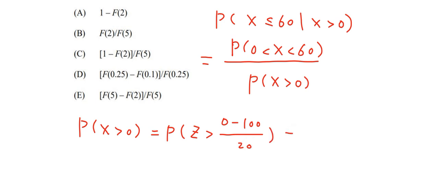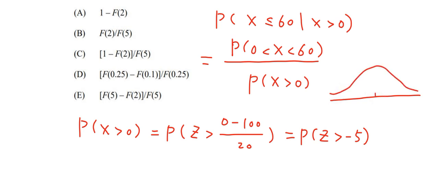So this equals P(z larger than -5). Larger than -5 is just equal to less than +5, right? So this is just equal to F(5).